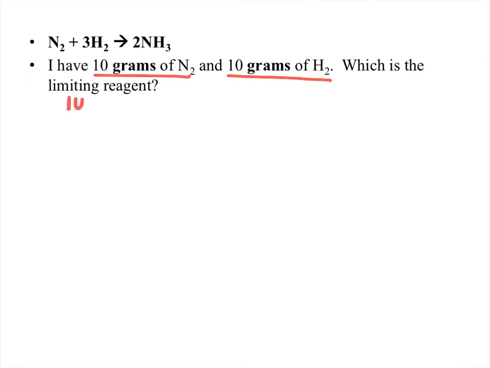So I'm going to do my nitrogen setup, 10 grams of nitrogen. Well, I need to ultimately turn this into moles of ammonia, which is not the unit or the substance that I need. So first I want to get to a unit that's usable, which is moles. So 1 mole of N2 is 28 grams of N2.